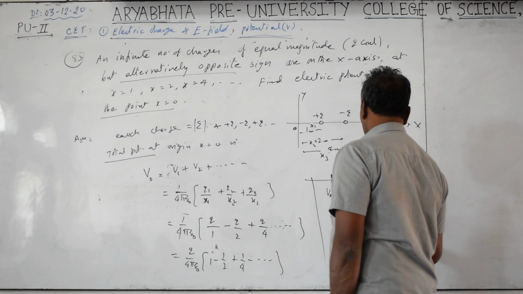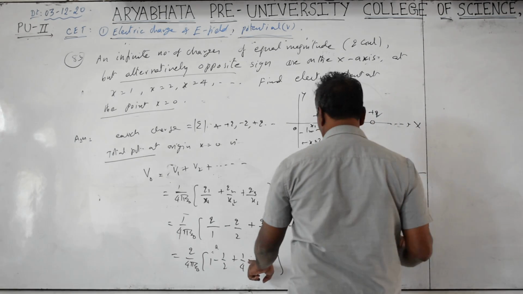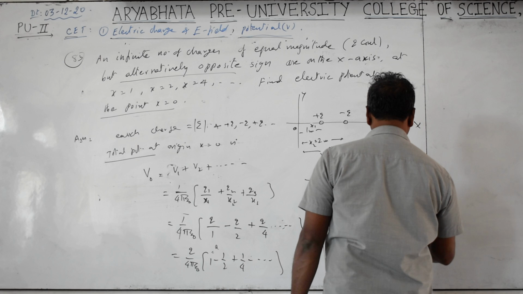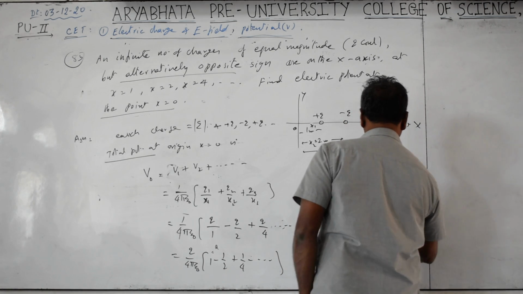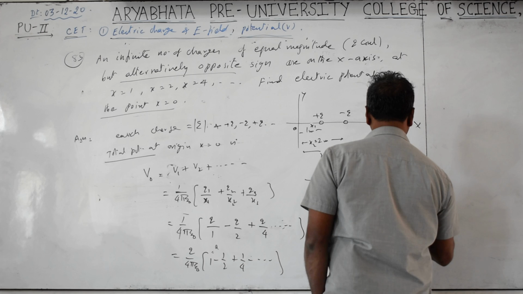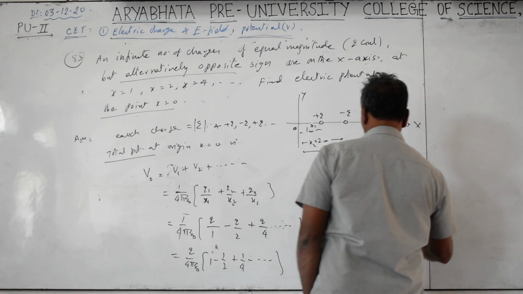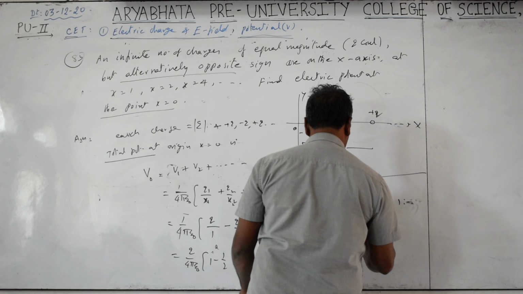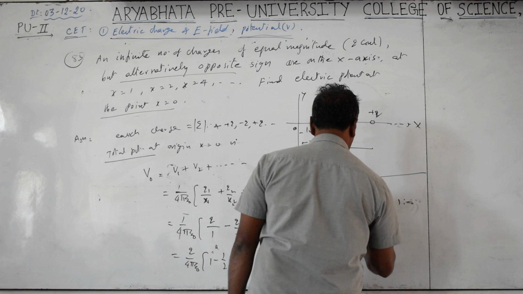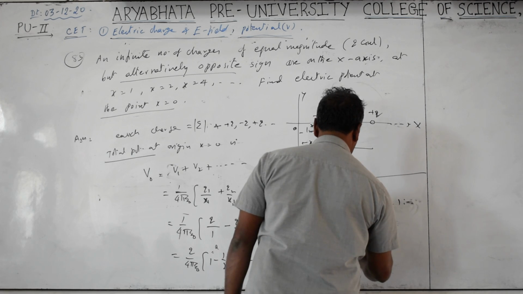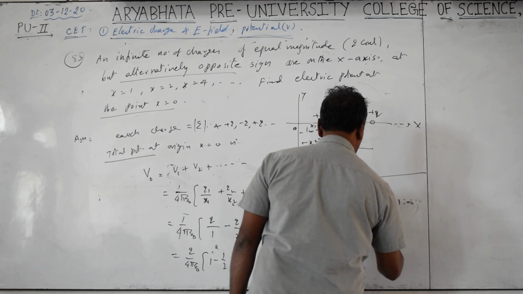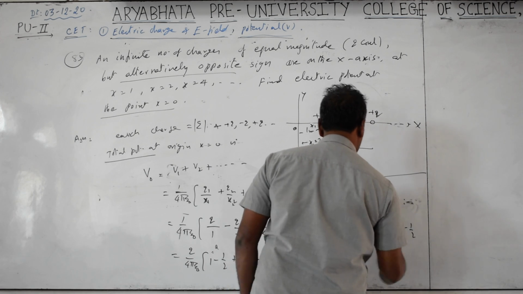A is 1, and r is 1 by 4 by minus 1 by 2, which is 1 by 4 into 2 by 1, which is minus 1 by 2.